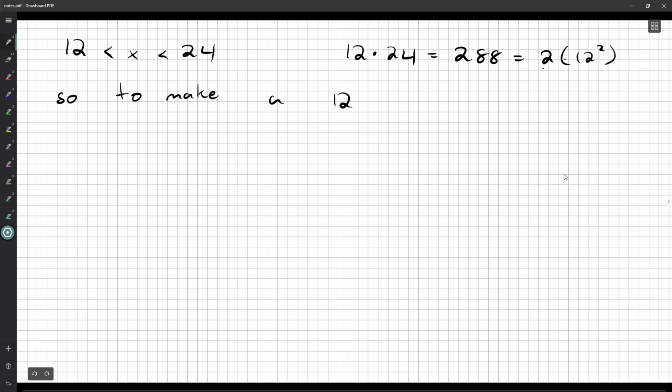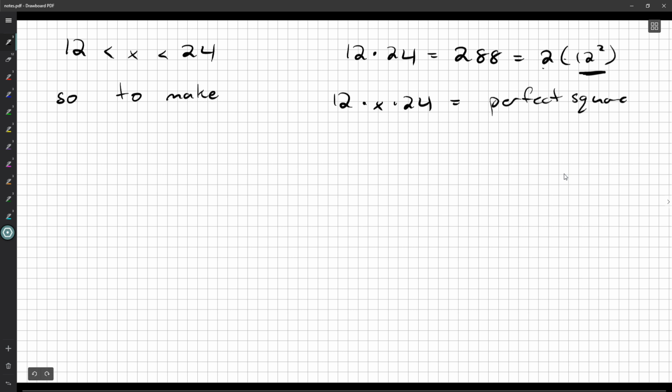To make 12 times x times 24 a perfect square, what do we need? Well, we've already got 12 squared. That's a nice factor. Perfect squares are just perfect squares multiplied by more perfect squares.